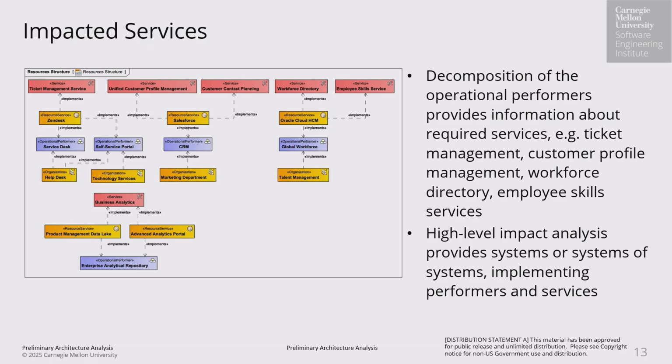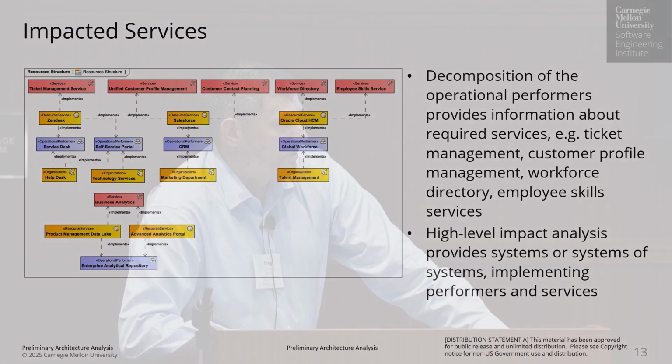Interestingly enough, you could see that services may actually be implemented by various systems. And in this situation, you may have one service implemented by one system, or you could have a larger system. In this case, the vendor's offering may or may not help us. So one system may implement several services.